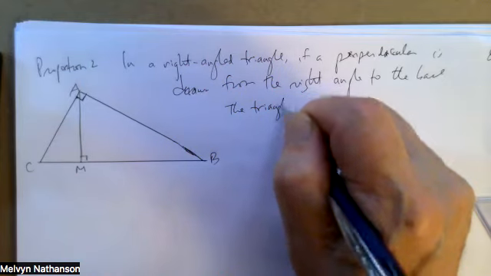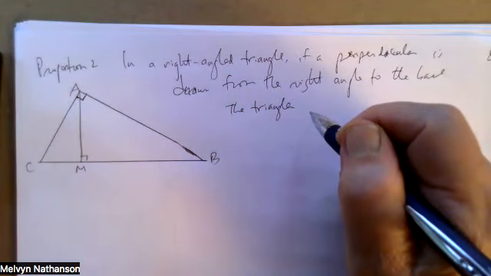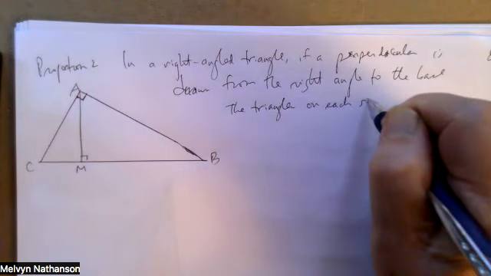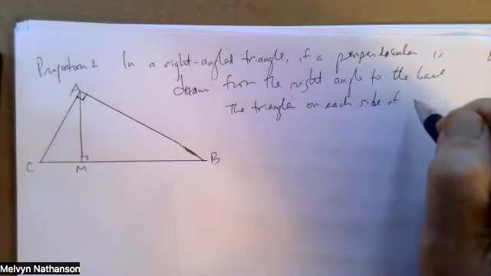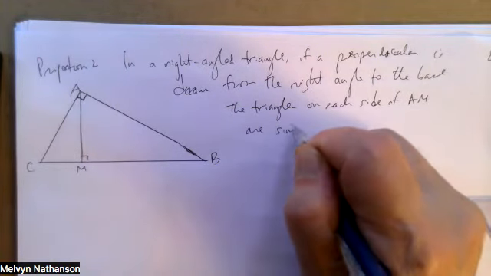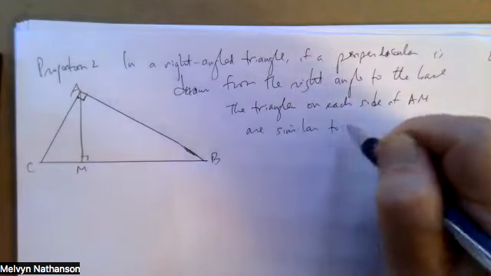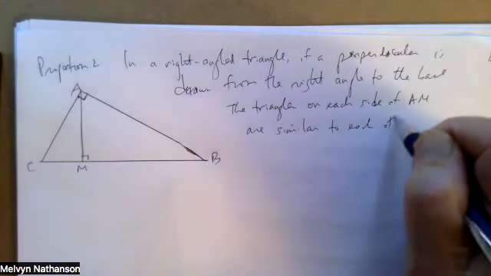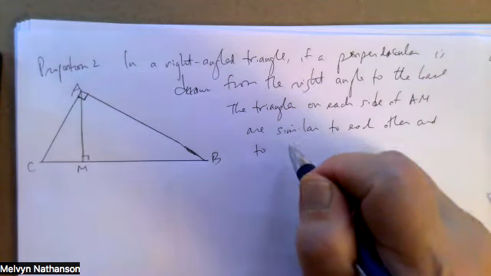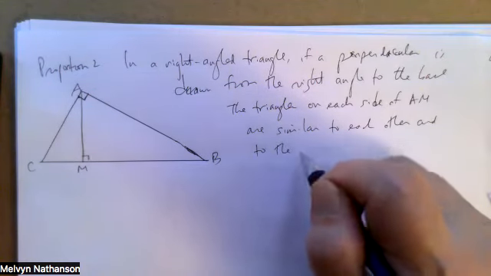The two triangles on each side of this line AM are similar to each other and to the whole triangle.